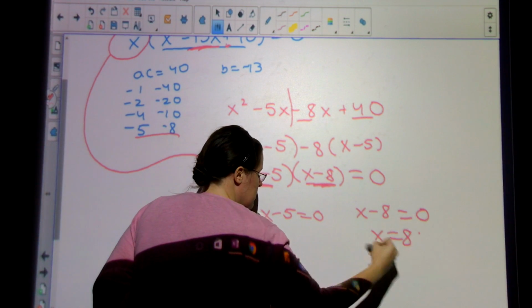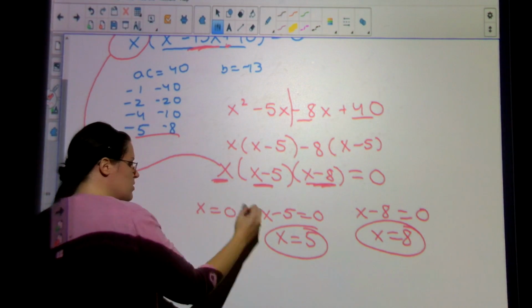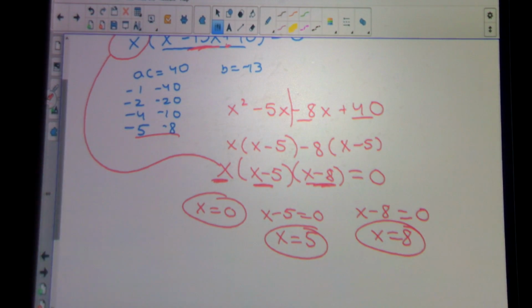So x equals 8, x equals 5, and x equals 0. This has 3 answers. But this does not contradict what we talked about yesterday, how a quadratic can have 0, 1, or 2. This did not start as a quadratic. This was a cubic, and cubics can have up to 3 answers.